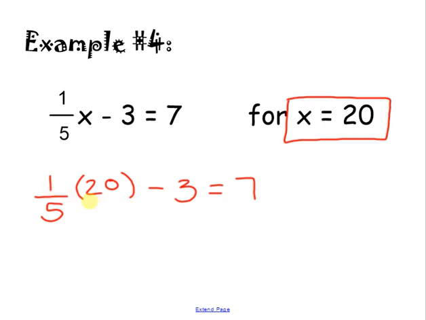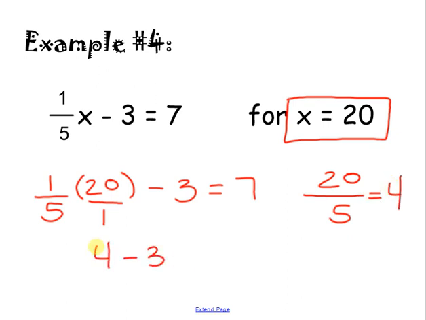So let me put this over 1. So 1 times 20 is 20, and 5 times 1 is 5. And so 20 over 5 equals 4. So 4 minus 3 equals 7. 4 minus 3 is 1. 1 equals 7. Is that true? No. 1 does not equal 7. The solution does not work.